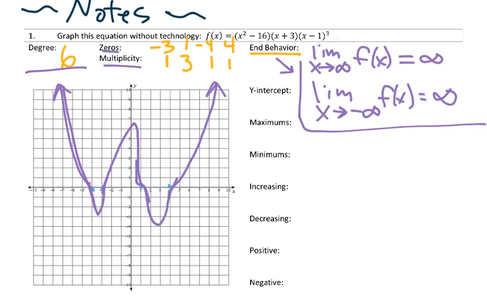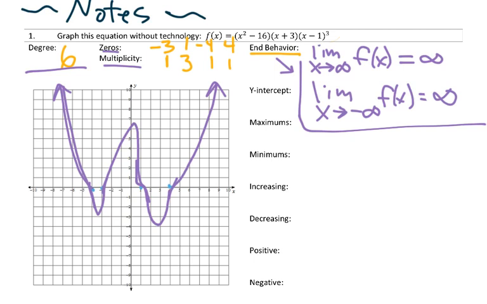Now for my maximums and minimums, we are going to want to graph these with technology, whether we're using Desmos or our calculators, after we do it by hand. I know I said without technology, so I want you to graph it by hand without technology, but then I want you to use technology to actually see what those are.